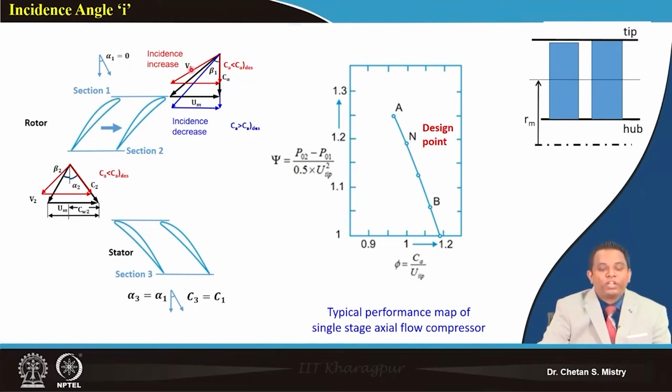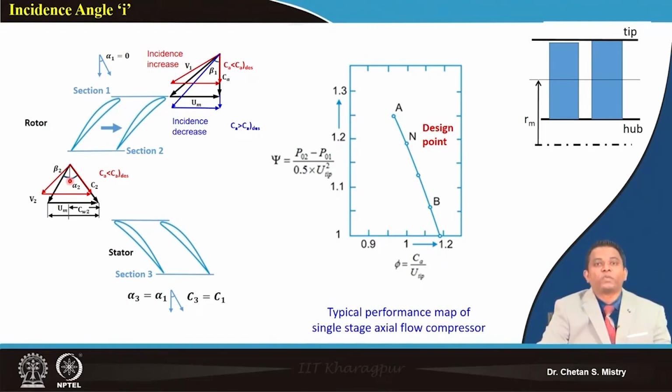Now because of the change of my incidence, I will have a change of outlet angle, and we know at outlet we define that in terms of the outlet angle, say beta 2, or in other language, we define that change of angle as the deviation angle.